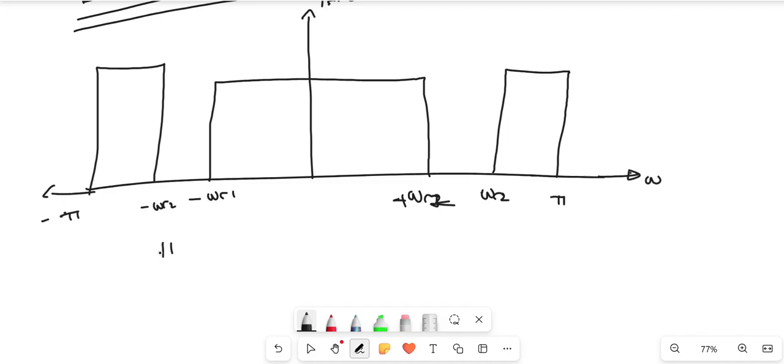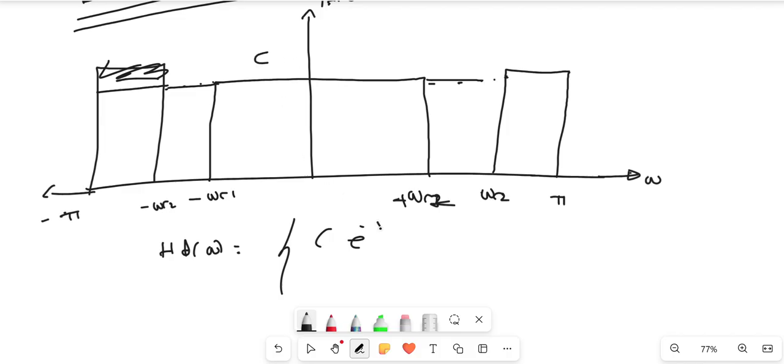So Hd of omega is equal to C into e power minus j omega alpha, where C is a constant, for omega greater than or equal to minus pi and less than or equal to minus omega c2.